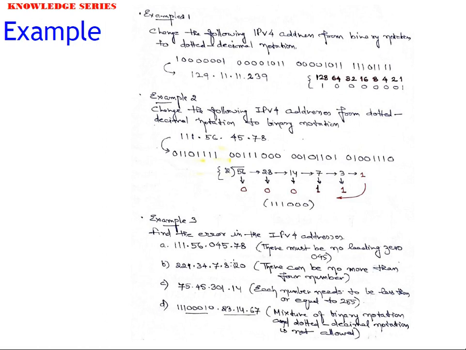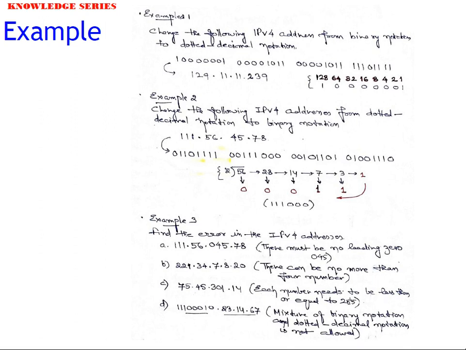Now here there are 5 groups: 1, 2, 3, 4, 5. In 221.34.7.8.25, there are 5 groups, so this is wrong. IPv4 always has 4 groups. Now in this case, the problem is 301. Your maximum decimal value is 255, so this is a wrong IP.